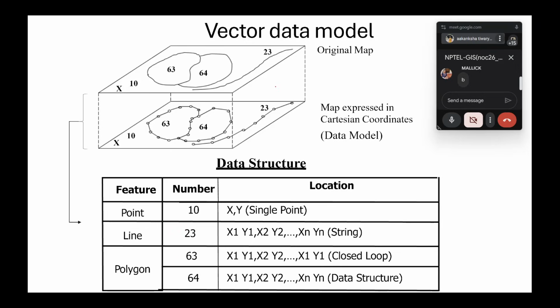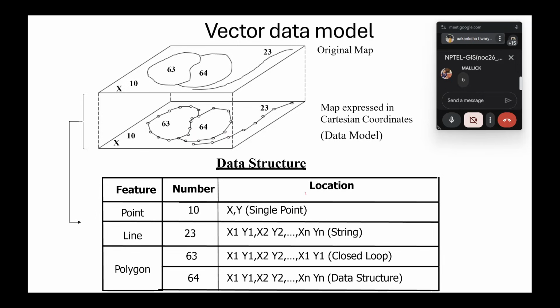Now line 23. Line 23 is this one. This is stored as a string, a sequence of coordinates. Now for the polygons, there are two polygons, 63 and 64. 63 makes a closed polygon, a closed loop, and 64 is stored by removing the shared boundary.